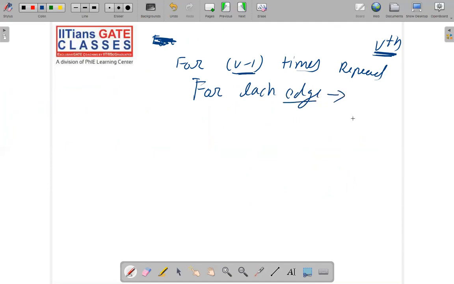Okay, for each edge, let's see what we will do. We'll say that if the edge is u to v, where u is a node and v is a node, and the condition is: the current distance labeled on node v.